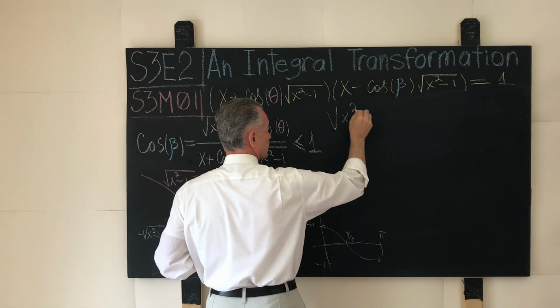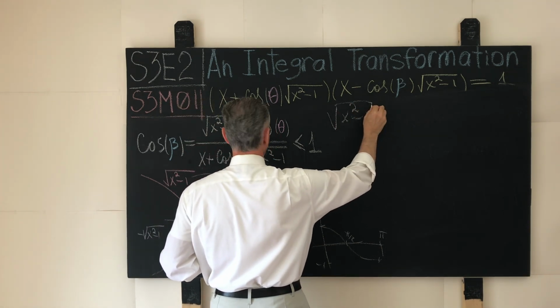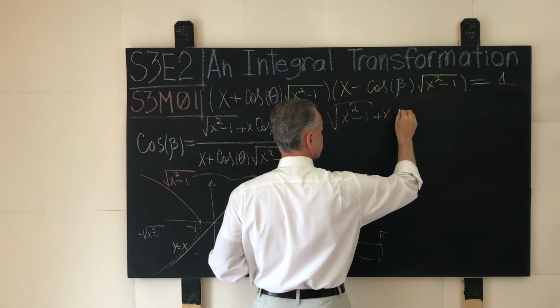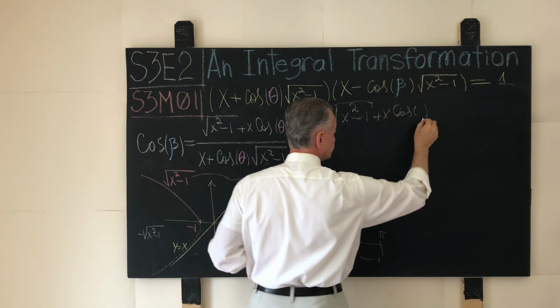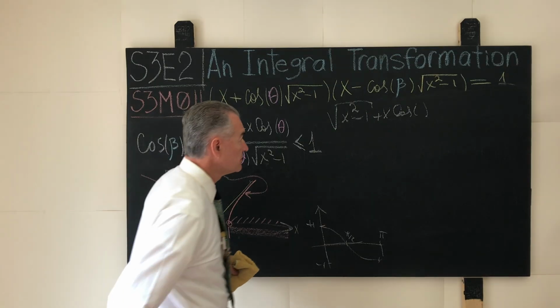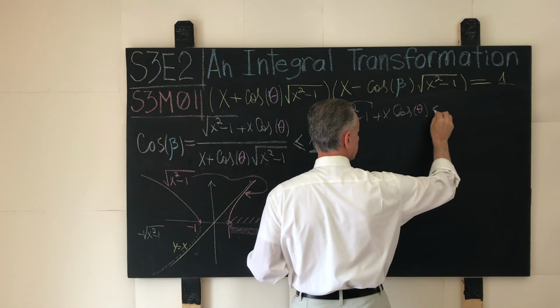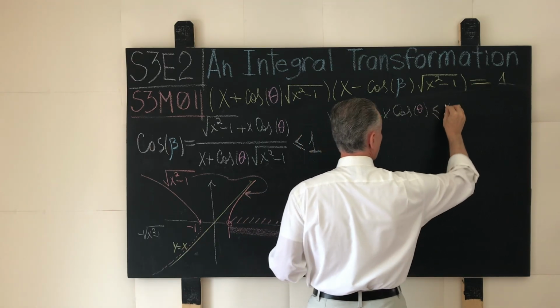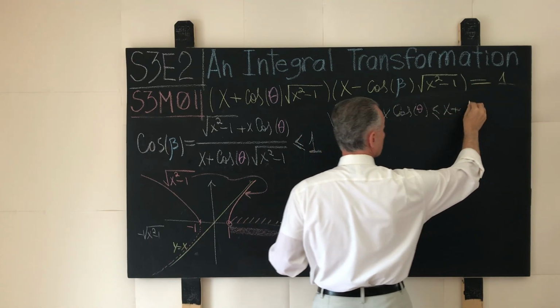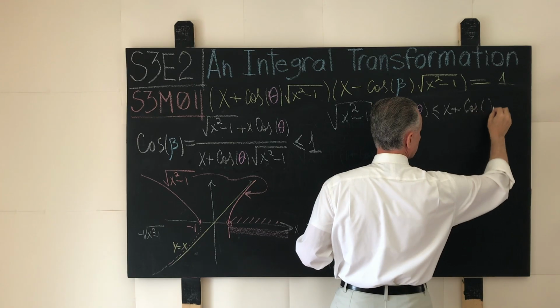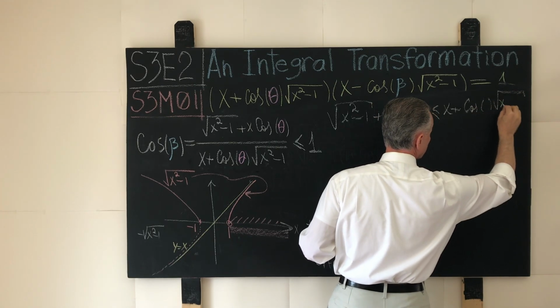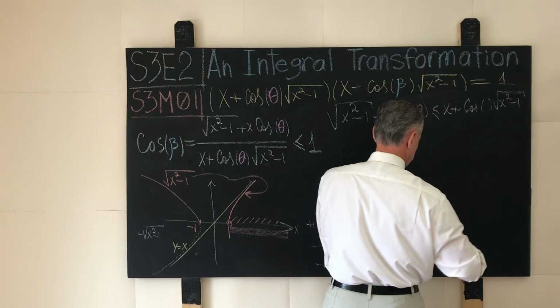So what do we have? Square root of x squared minus 1 on the left hand side plus x times the cosine of theta. Cosine of theta is presumably less than or equal to x plus cosine of theta times the square root of x squared minus 1.